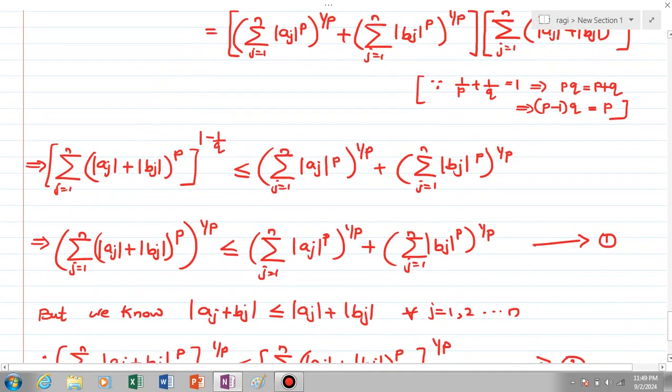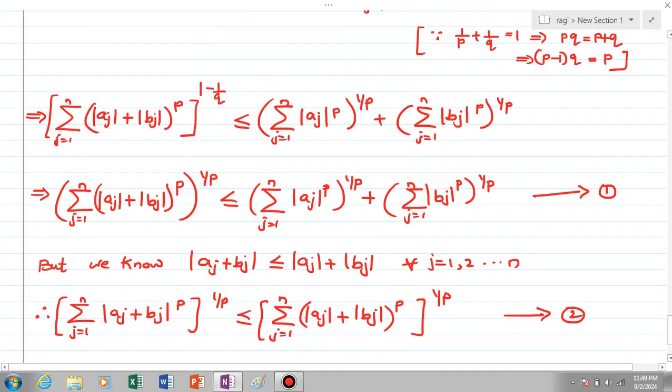Also we know the triangle inequality |a_j + b_j| ≤ |a_j| + |b_j| for every j = 1 to n, and adding up we can see that (Σ_{j=1}^n |a_j + b_j|^p)^{1/p} ≤ (Σ_{j=1}^n (|a_j| + |b_j|)^p)^{1/p}.